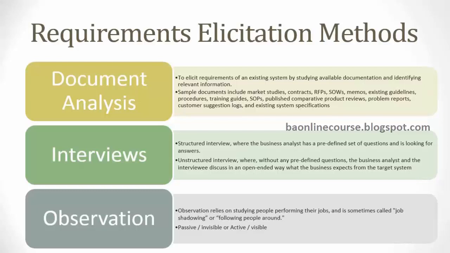So there are multiple sources of information. You could even search on the internet, you could ask for some process documents within the organization, you could look at your competitor products, you could look at regulatory websites, you could look at how the current systems are working, you could look at some customer suggestion log. You could figure out all those documents and read through them.